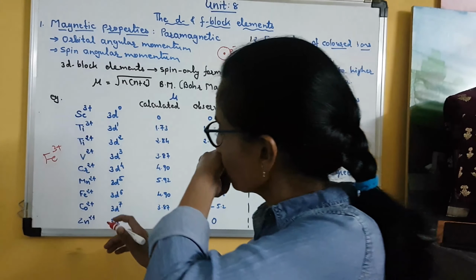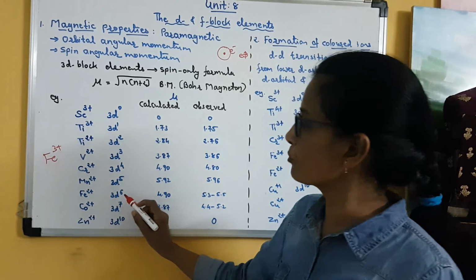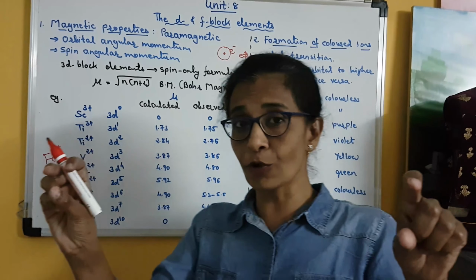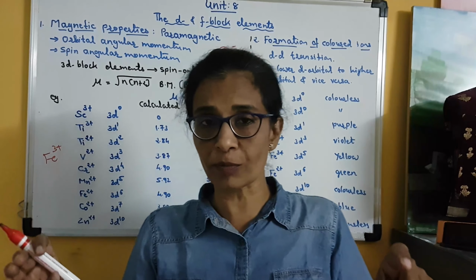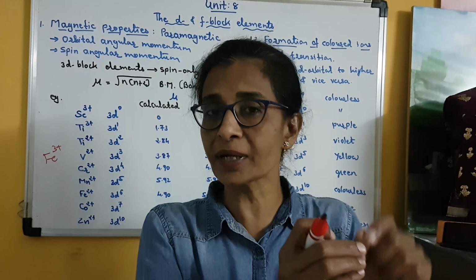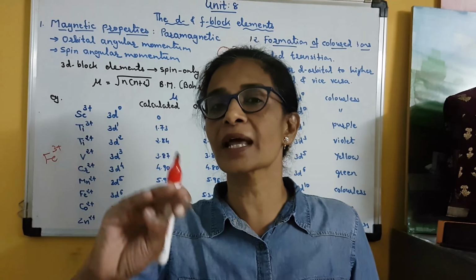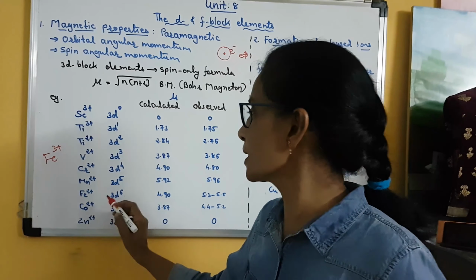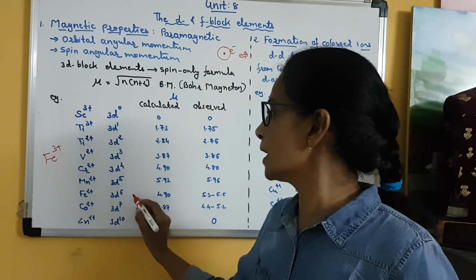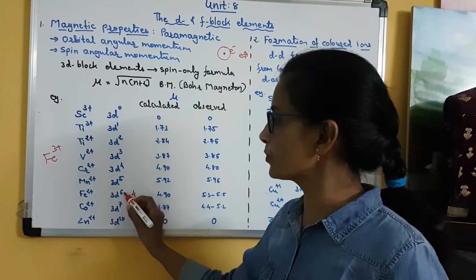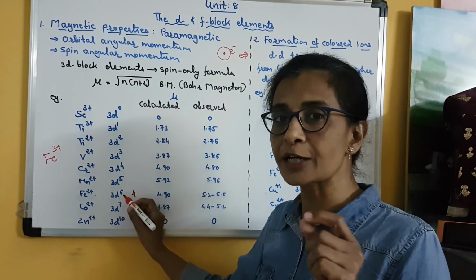Clear? Then comes Fe2+. Its configuration is 3d6. 3d6 means out of 5 3d orbitals, in one 3d orbital there is an electron pair, and in the remaining 4 3d orbitals there are unpaired electrons. Means in Fe2+ ion there are 4 unpaired electrons. Clear? The 5th and 6th electrons are present as an electron pair.